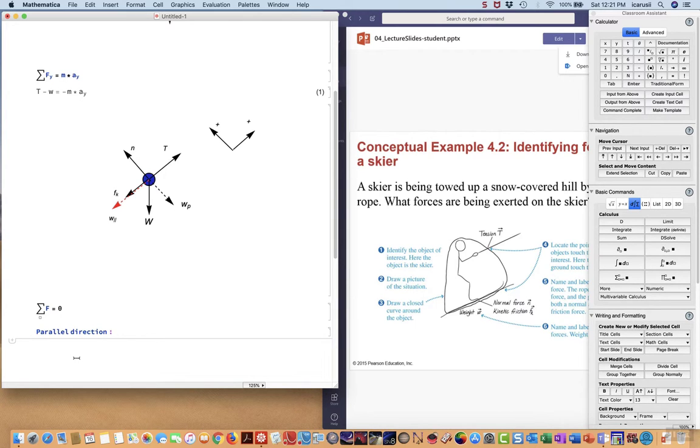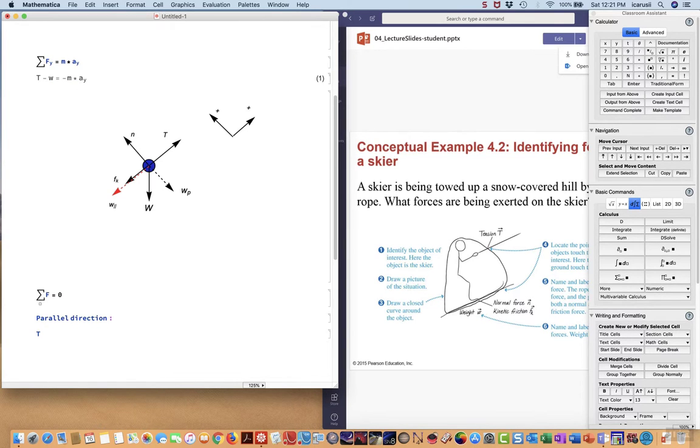And since it's 0, we should be good. So it is T minus W parallel minus f sub k equals 0. So here we are. There is the equation moving up and down the plane.